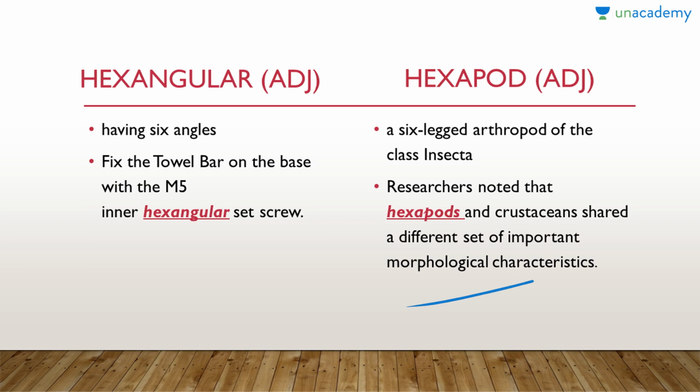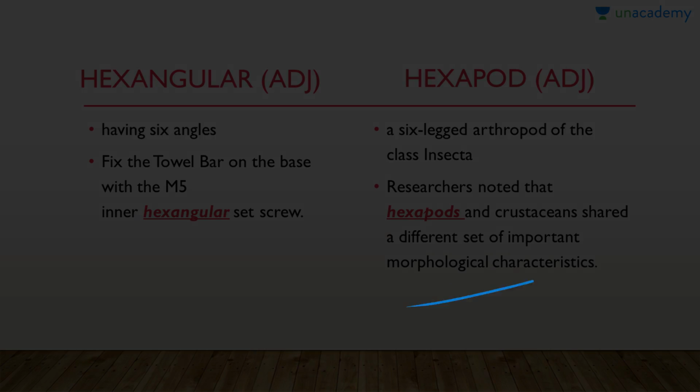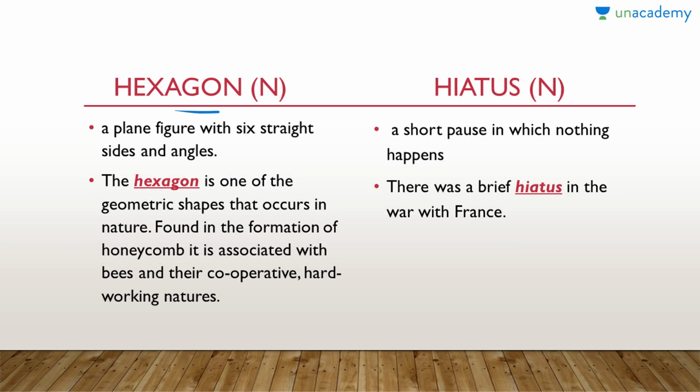In a sentence it will read, researchers noted that hexapods and crustaceans shared a different set of important morphological characteristics. That means they have a different set of the entire characteristics.